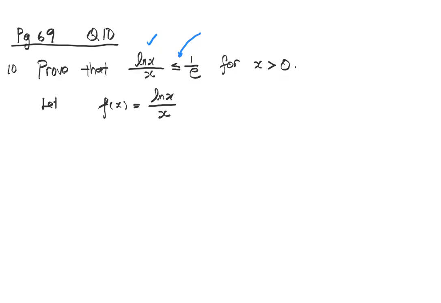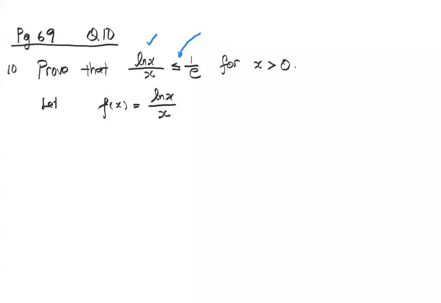Okay, next, what should you do? Please suggest so that I can help you. Put x equal to 1. Why do you put x equal to 1? Because you want to start with the first number.